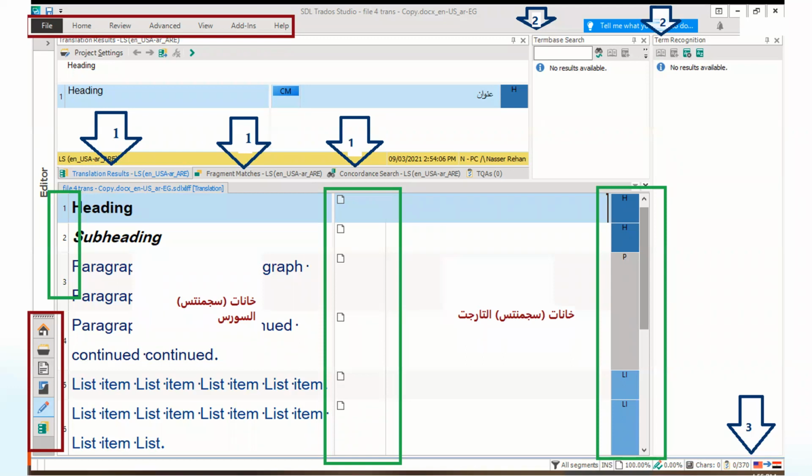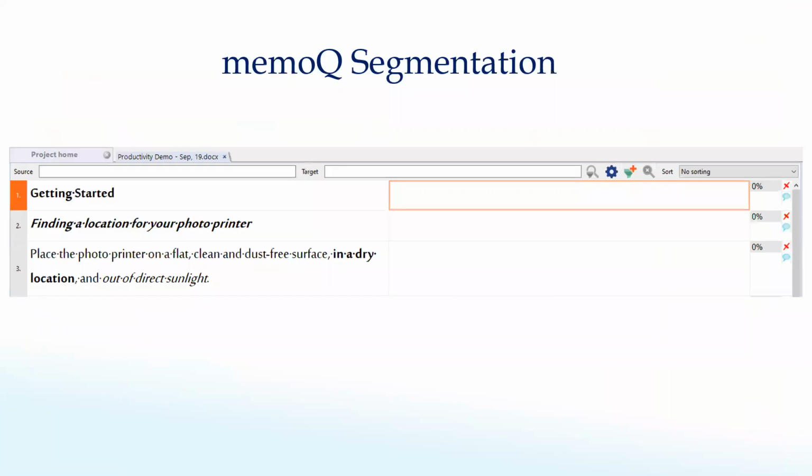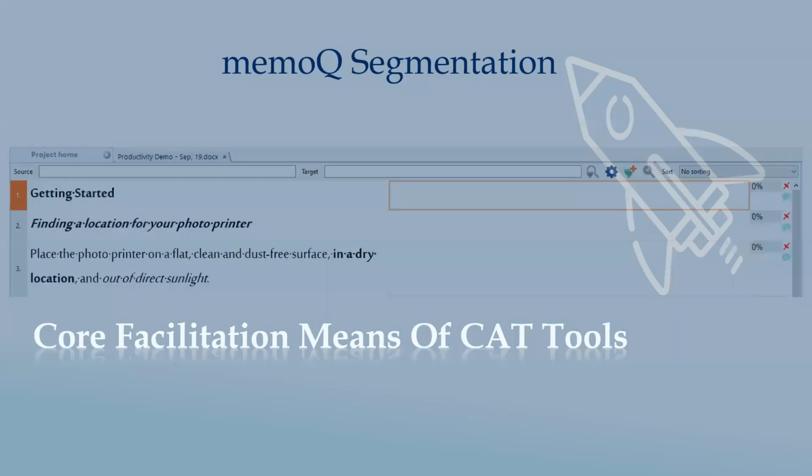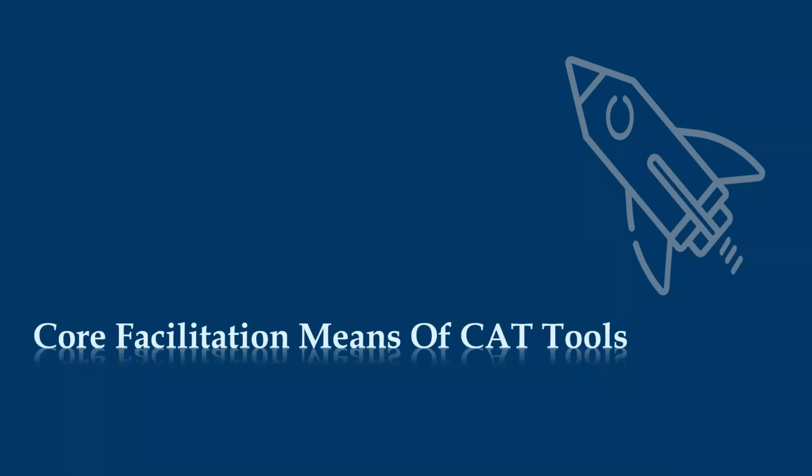Every one of these views, of course, has its own menu items. An example for segmentation of MemoQ. So, to remind you, we are talking about the core, essential facilitation means that CAT tools provide.